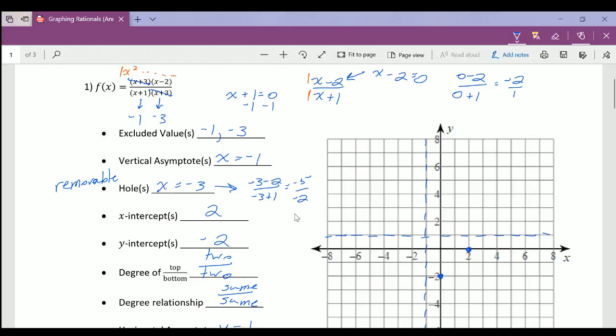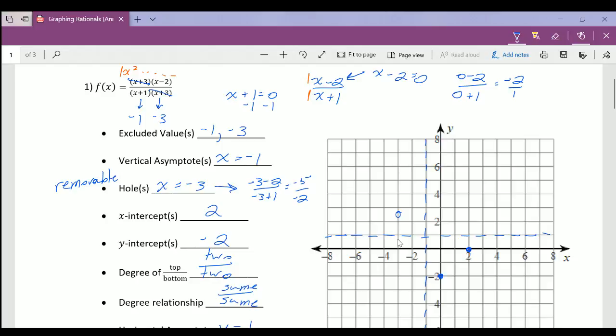Negative divided by negative. All right, so here's negative 3. 5 halves, that's basically the same thing as 2.5. So we'll just go over here to 1, 2.5. That'll put it right about there. Okay, and we've got an open circle in that spot.